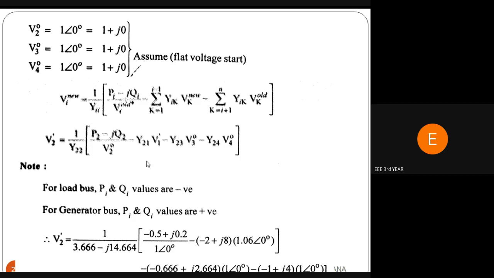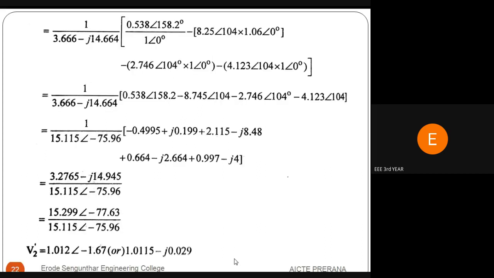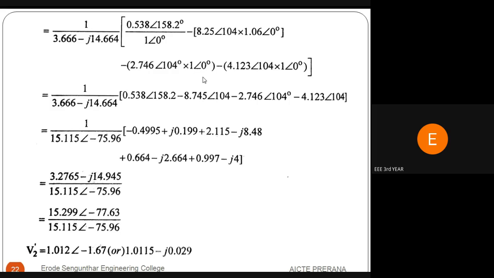We are substituting the values from the problem to find the value of V2. After rearranging all these equations, we have to convert everything into polar form or rectangular form, as per your preference, so you can easily calculate with the help of a calculator. You have to decide whether to calculate everything in rectangular form or in polar form, but every term should be converted into polar form, or every term should be converted to rectangular.